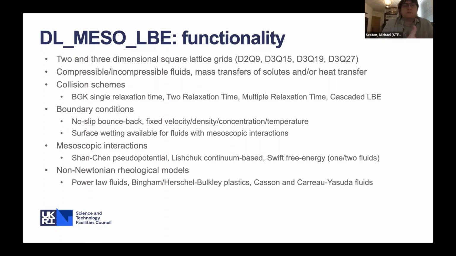But those fluids can be either compressible or completely incompressible. We can also include mass transfer of solids or heat transfer or both. We have a few different collision schemes going from simple to more complex, but also more numerically stable, and then we've also got various types of boundary condition.